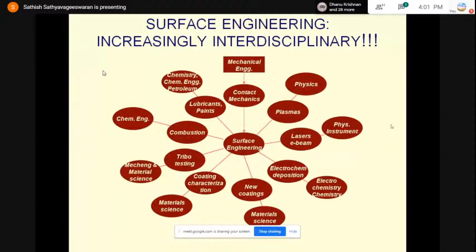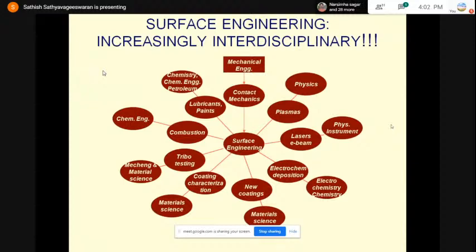That lubrication will be handled by lubrication engineers or chemistry persons. Another method for reducing the wear is selecting appropriate materials. That part will be taken care of by material scientists. Mechanical engineers will study the contact mechanics existing between the contacting surfaces, thereby minimizing the wear to the maximum extent.